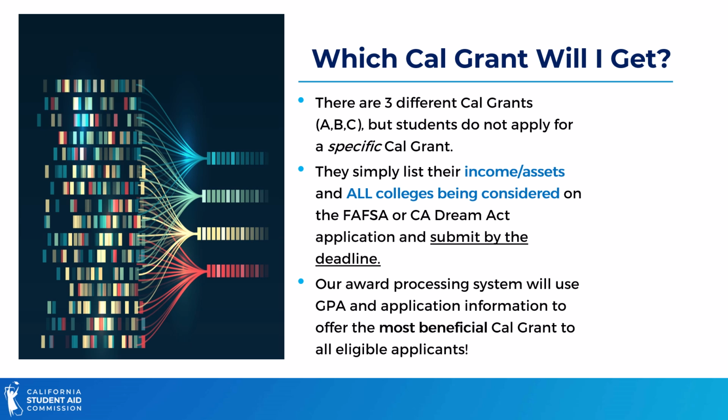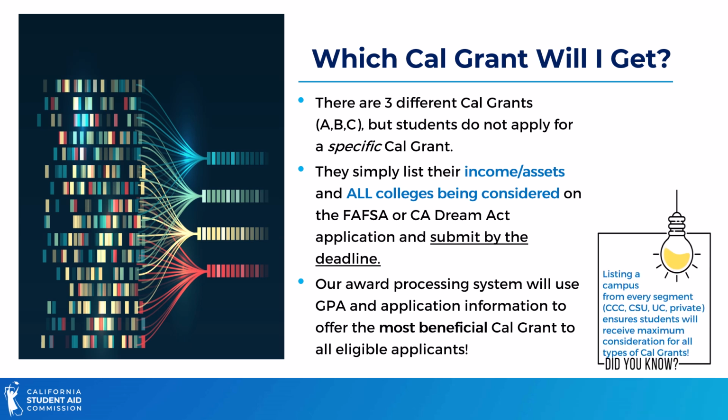And from there, our award processing system, WebGrants, will automatically process all completed applications with a matched GPA for Cal Grant consideration. And if you did not know, listing a campus from every segment, community college, CSU, UC, and private school will ensure that students will receive maximum consideration for all types of Cal Grants.